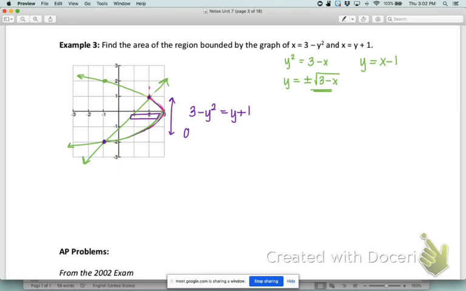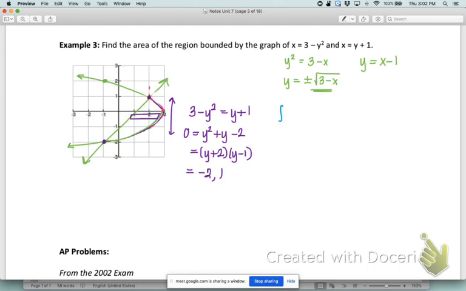We get 0 equals y squared plus y minus 2. And that factors to y plus 2, y minus 1. So our two y values are -2 and +1. And that does appear to match what we had on our graph. So we know that we did that pretty much correct. So those are going to be our limits of integration.